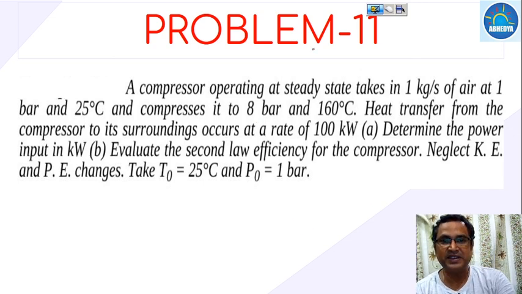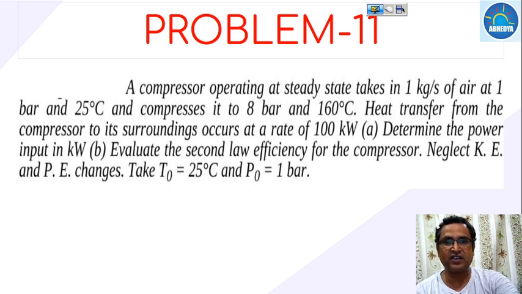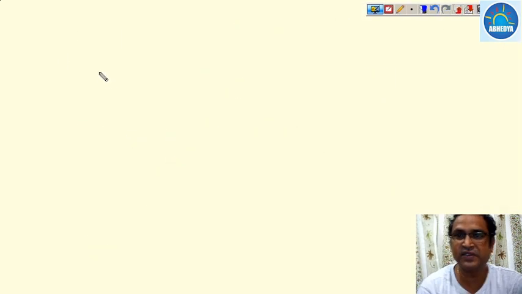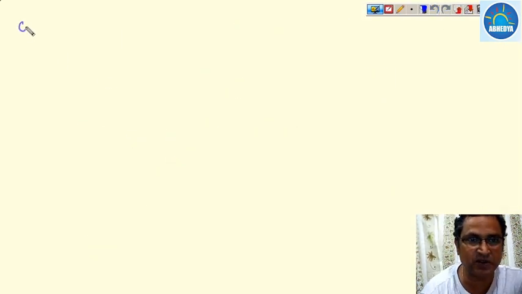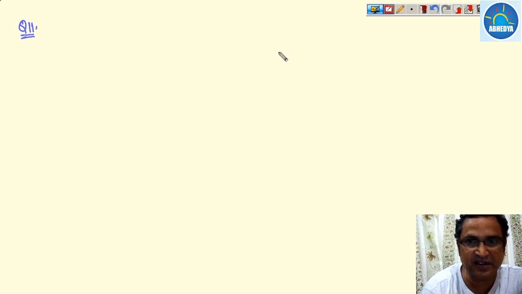The next problem is: a compressor is operating at steady state, takes in 1 kilogram per second of air at 1 bar and 25 degrees centigrade and compresses it to 8 bar and 160 degrees centigrade. So now let us first make the diagram with respect to this problem. Let us draw the diagram here.